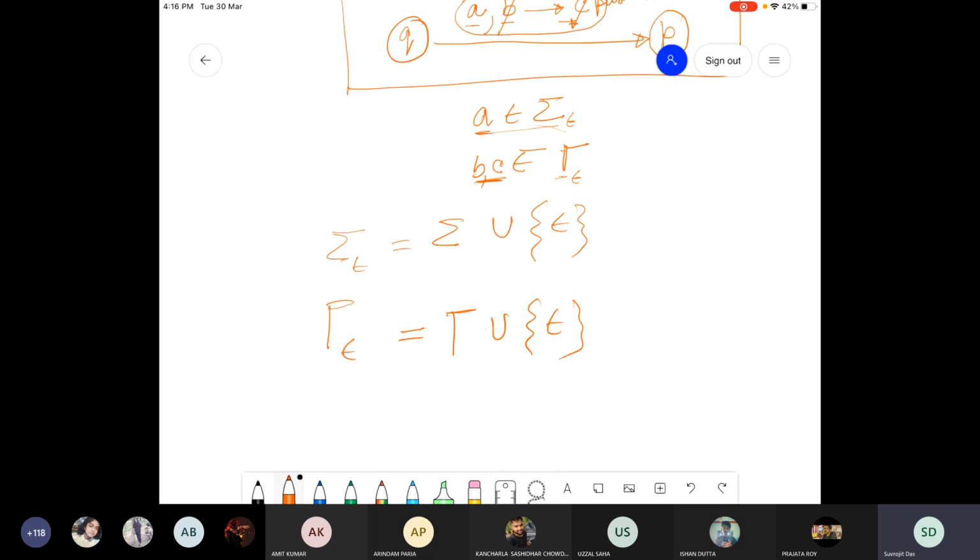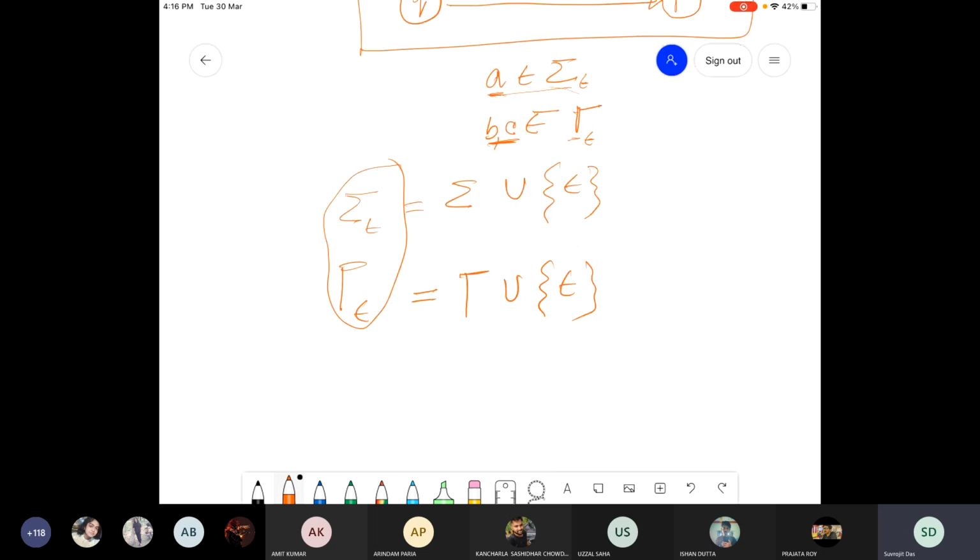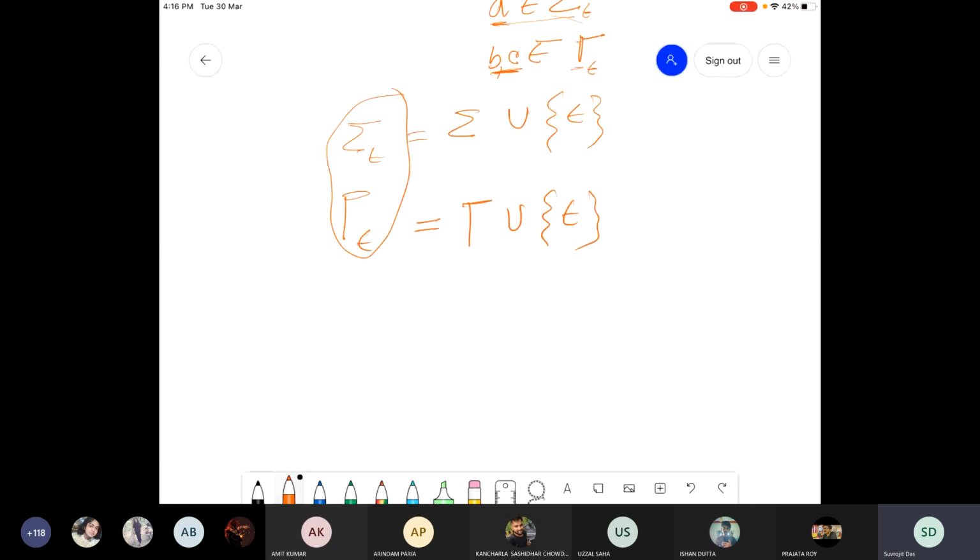So only when I define sigma epsilon and tau epsilon, my delta immediately becomes Q cross sigma epsilon cross tau epsilon going to the power set of, without writing power set, I can directly write 2 to the power Q, that means I change state, cross sigma.